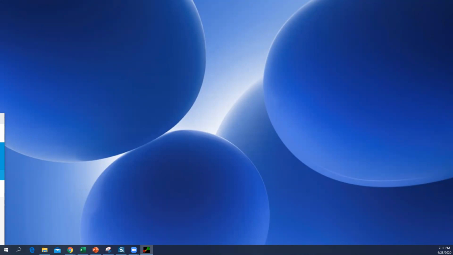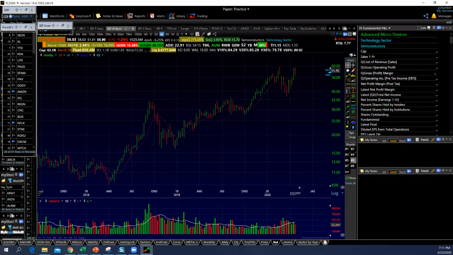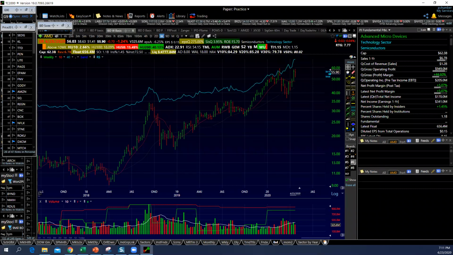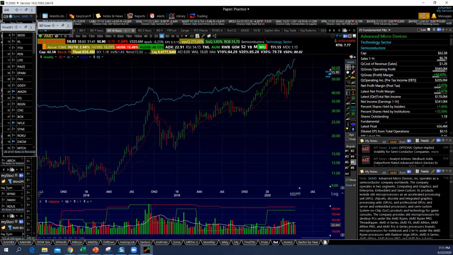Looking at the numbers and the earnings is very scientific, with a lot of logic and math involved. So it's very quantitative. Chart reading is very qualitative. Two different people can look at the same chart and read it differently. Okay, let's have a look at some of the stocks we just looked at.